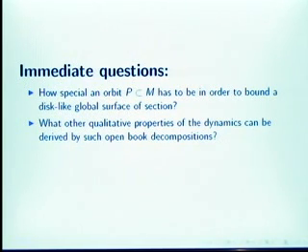So the main result I would like to state is a necessary and sufficient condition for a closed Reeb orbit to be the boundary of a disk which is a global surface of section. And we actually see that, at least in the convex case, there's at least another geometrically distinct open book decomposition, another geometrically distinct global surface of section for the flow.